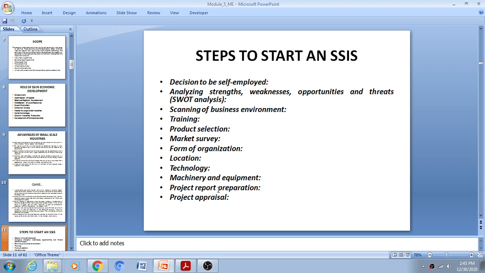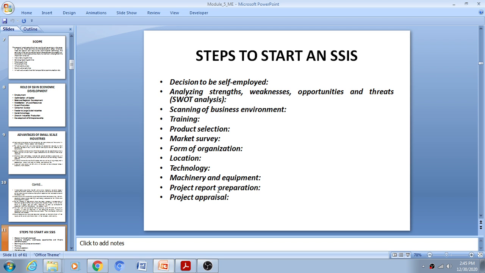There is also partnership organization, wherein a group of individuals come together, invest the money, and then start a small industry. Not only that, you can also design different works to be allocated to different individuals, and in totality we call it form of organization.